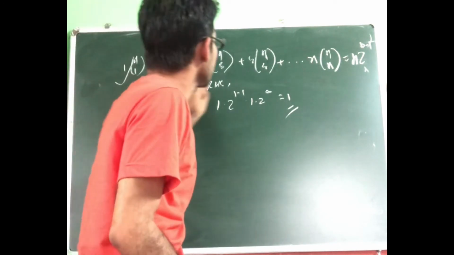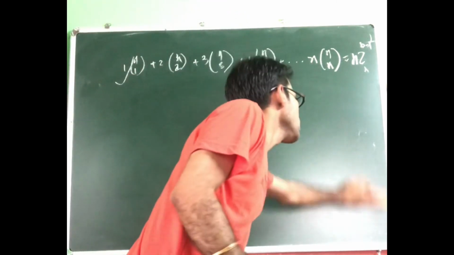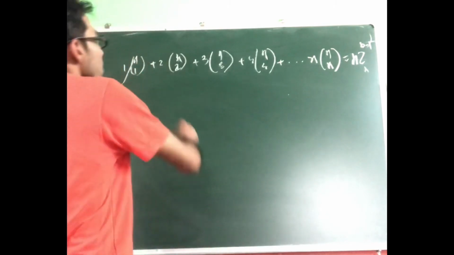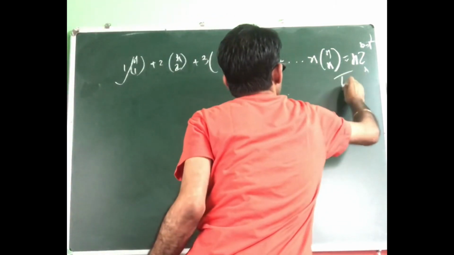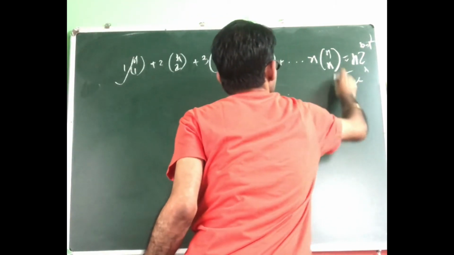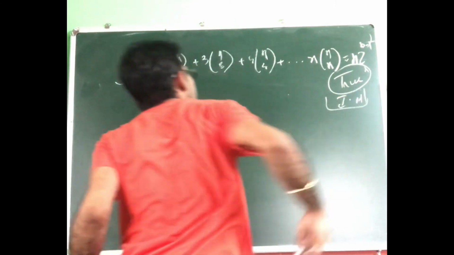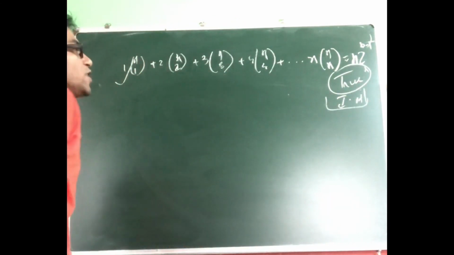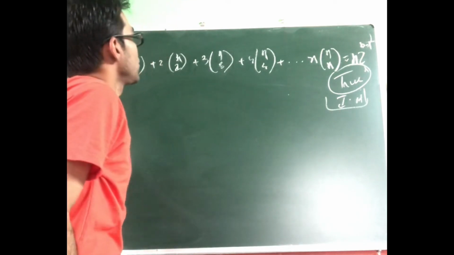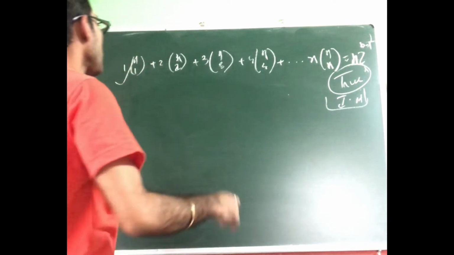Now we assume that the statement holds true for n equal to n. So I am assuming this statement is true. This is what we are claiming using the induction hypothesis. We need to prove that the statement is correct for n equal to n plus 1.